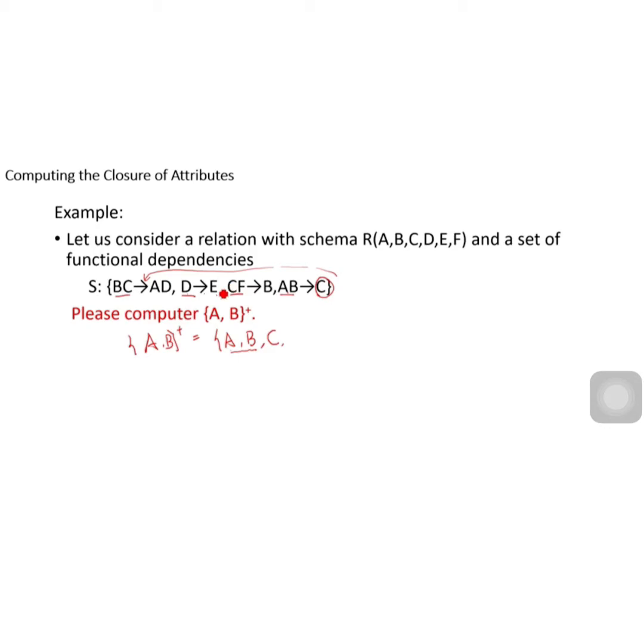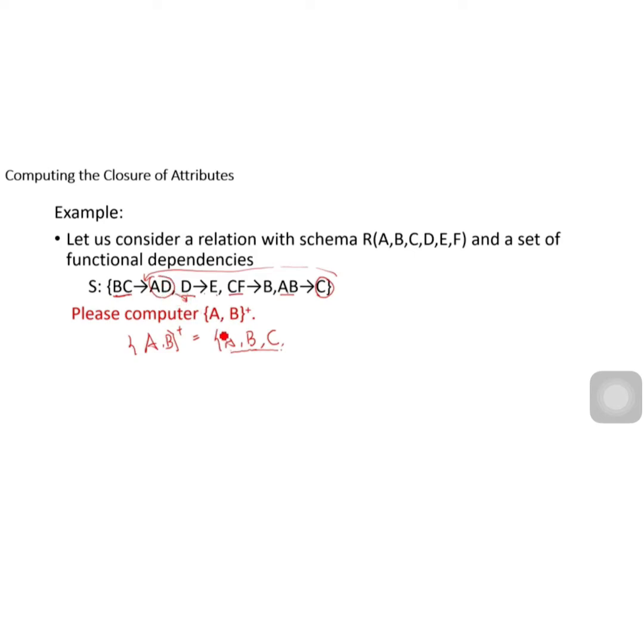Now BC. Because C has been added, BC is now a subset of this closure. We can find BC here, so we add AD to it. A is already in the closure.